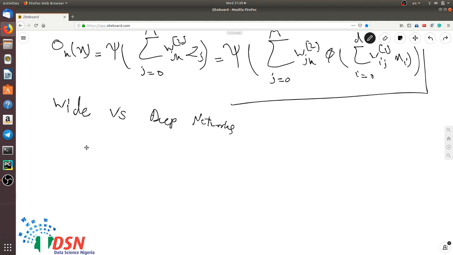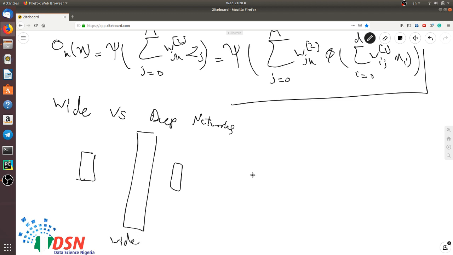Let's say these are the inputs, they are fixed. We could have something like this and the output layer. So this is probably a wide network. For deep networks, we could have something like this, and this is the output layer. So this is the deep network.